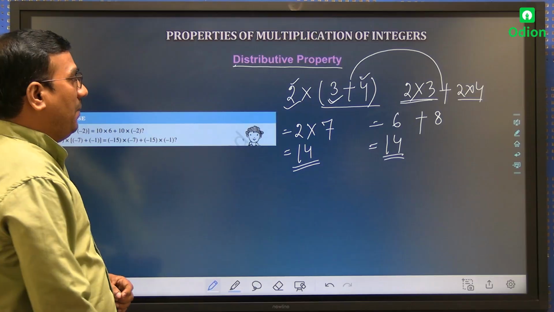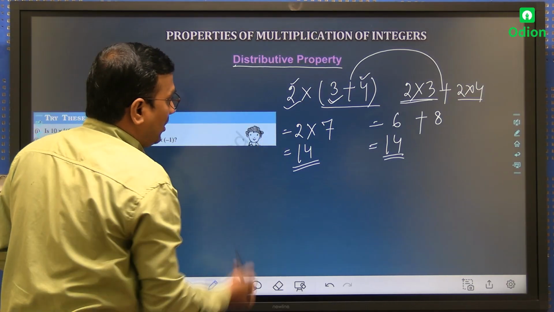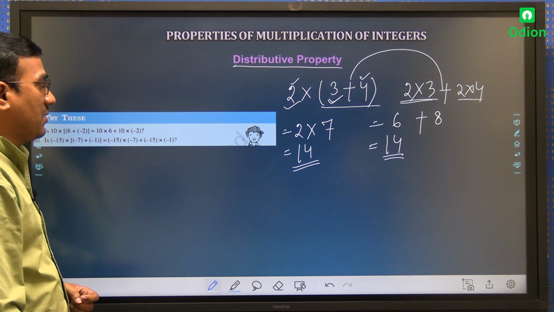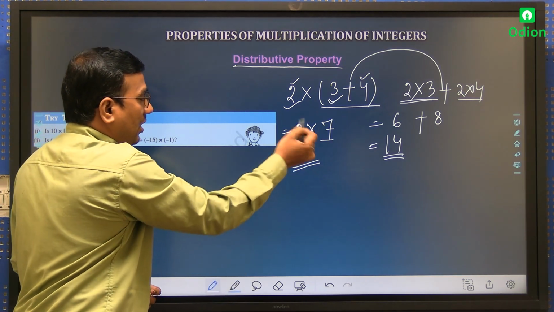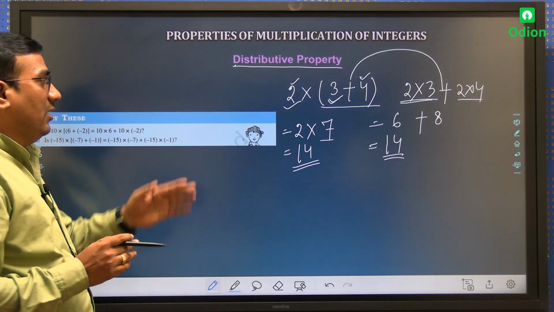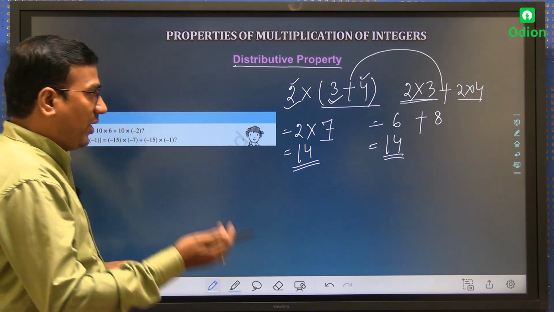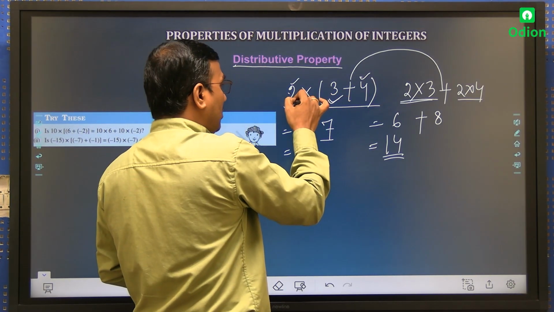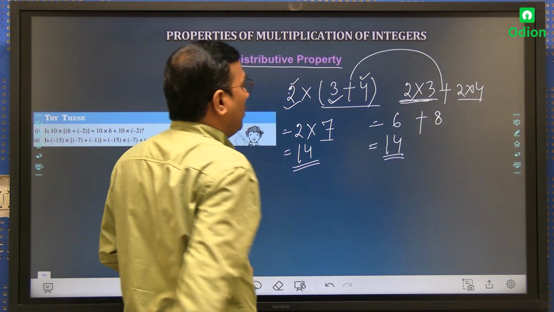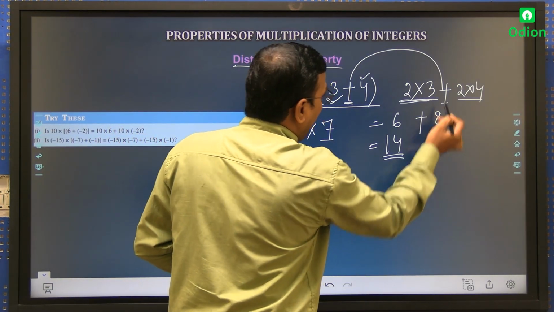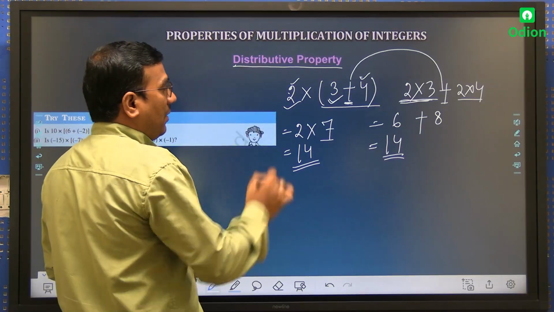Just similar to this, 2 into 3 plus 4. We have to add this 3 plus 4. Answer is 7. If I multiply 2 with 7, the answer is 14. If I write this sum in a different way, we need to multiply 3 with 2. First 2 into 3. Then here plus sign is given, I have to write the symbol plus.